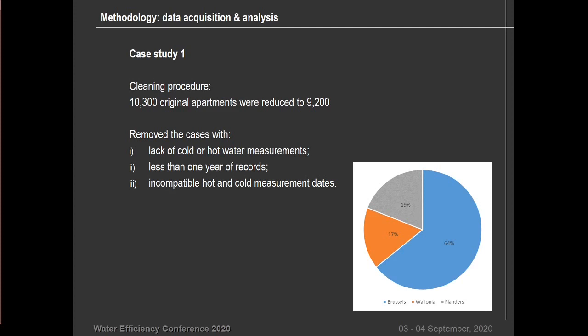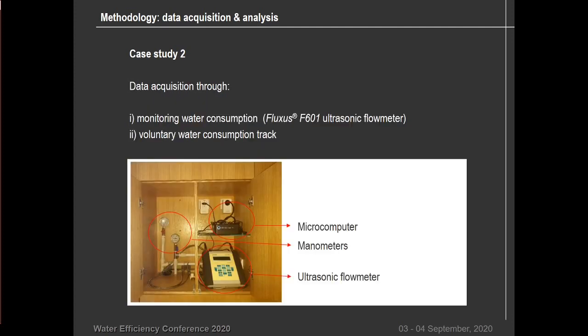The cleaned dataset was reduced to 9,200 apartments, with the spatial distribution represented in the graph being 64% located in Brussels, 17% in Wallonia, and 90% in Flanders.